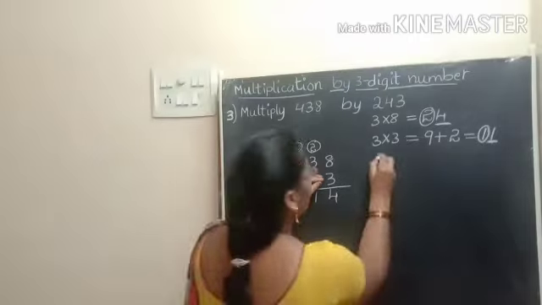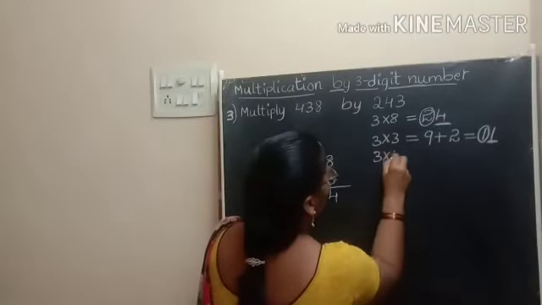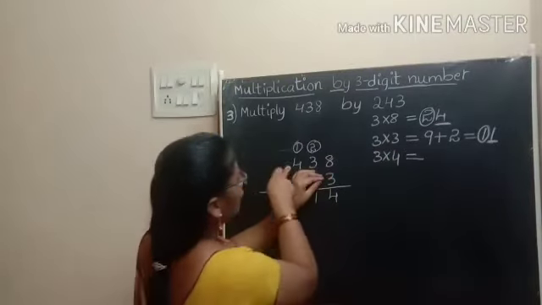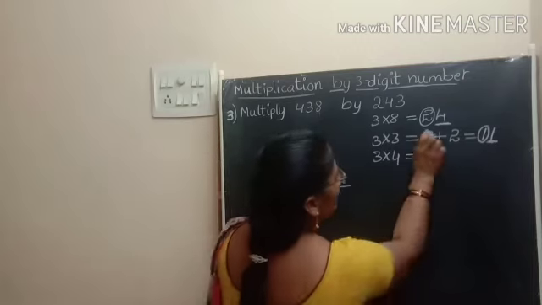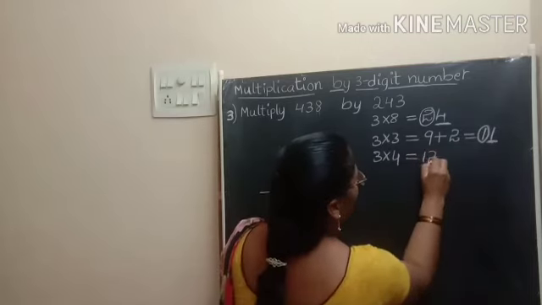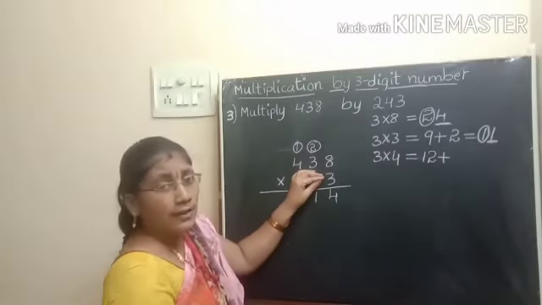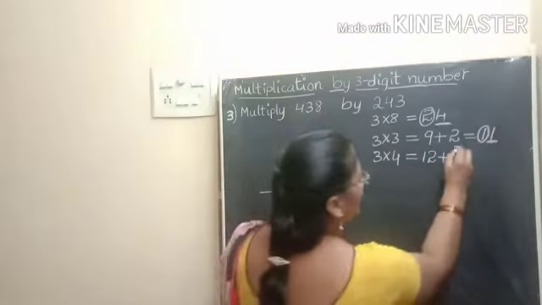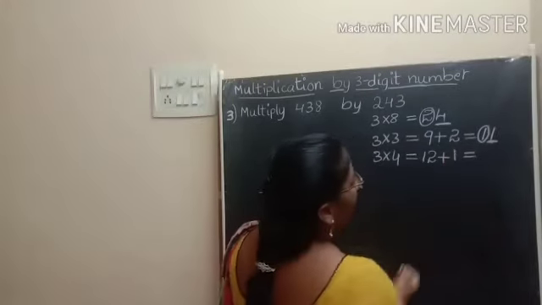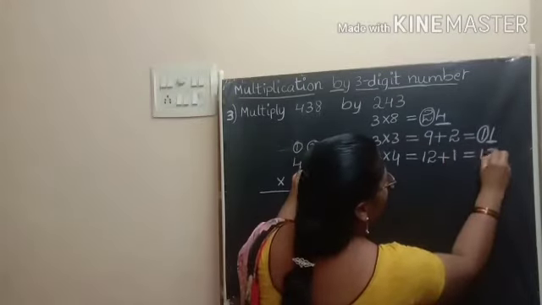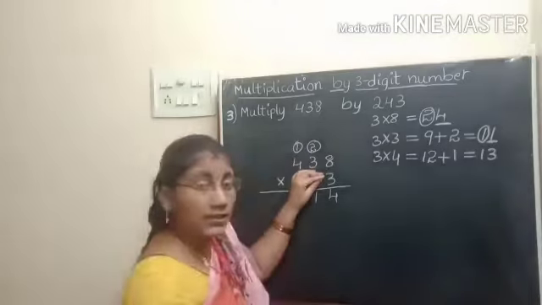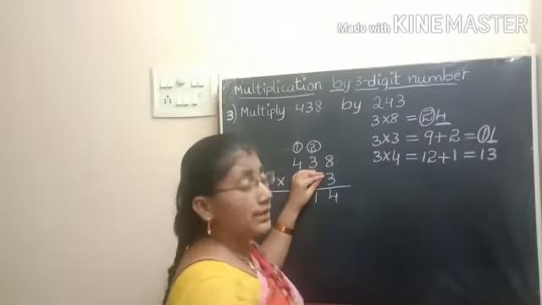So we should take 3 into 4. 3 4s are 12 plus we have carry. We have 1 as carry. So we should add 1 here. By adding 1 we get 13. So the result is 13.